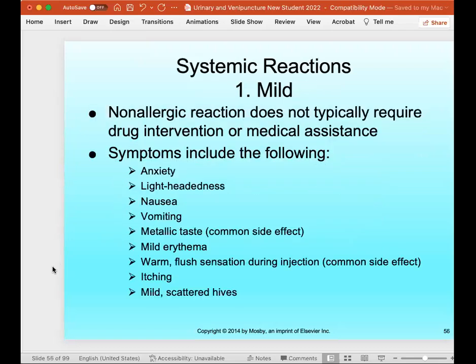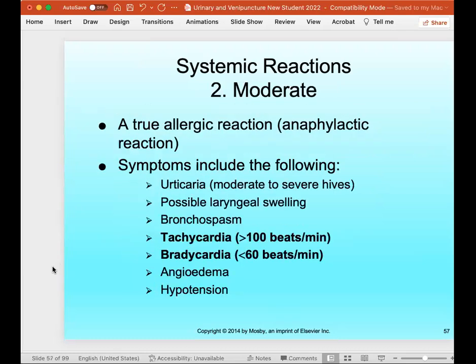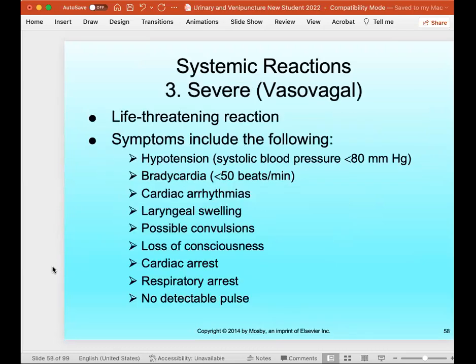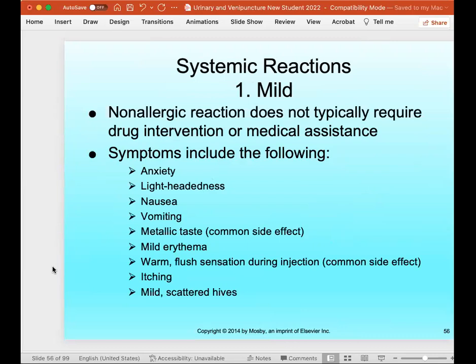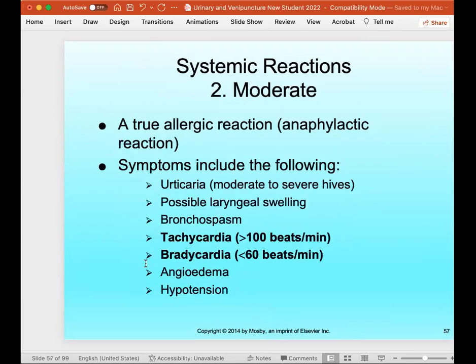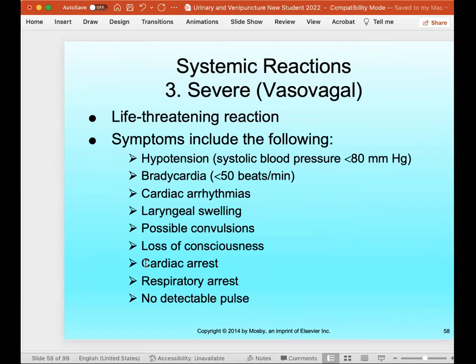These are the different reactions. So you have mild, moderate, severe. You should have seen this in patient care. So you do need to identify mild, moderate, and severe reactions. You want to know the symptoms for each of these categories.